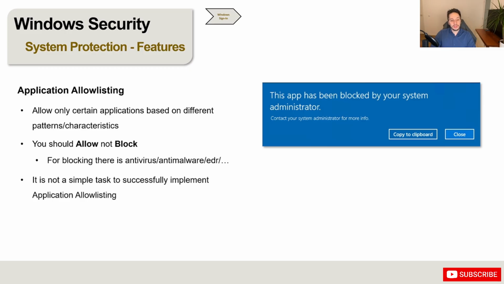It's not a simple task to successfully implement application allow listing, because when you think about it, for example, you have some enterprise that has thousands of end devices and hundreds of servers. Just think about how many applications they are probably using at that moment, from the user's perspective and from the server's perspective.